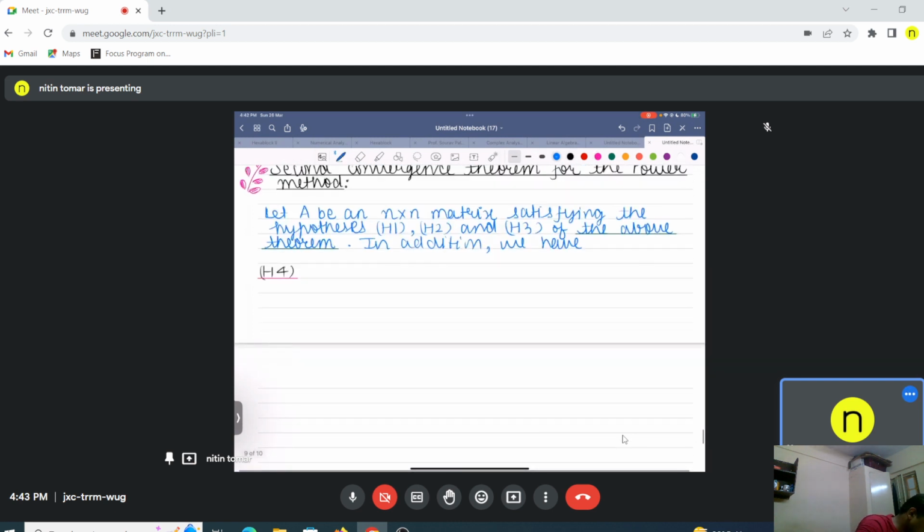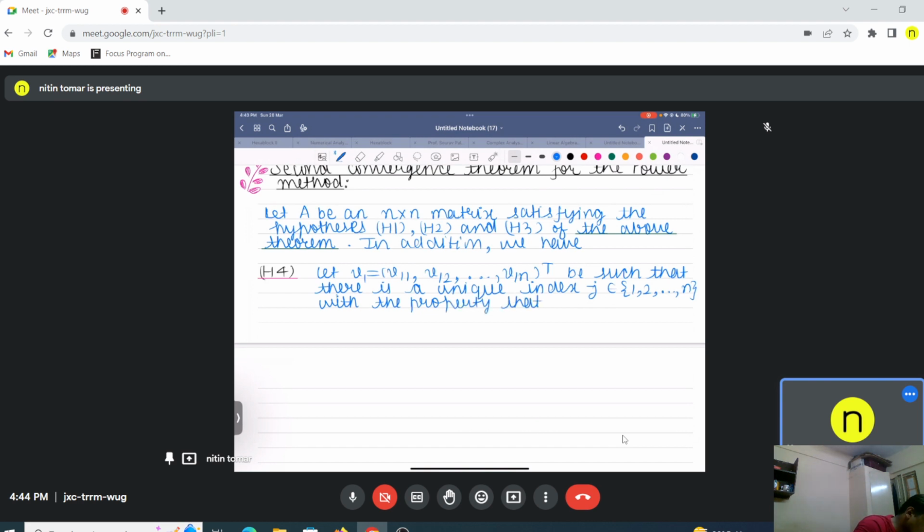And what does it say? Let V1 be V11, V12, and so on, be such that there is a unique index J with the property that V1J is actually the maximal component.